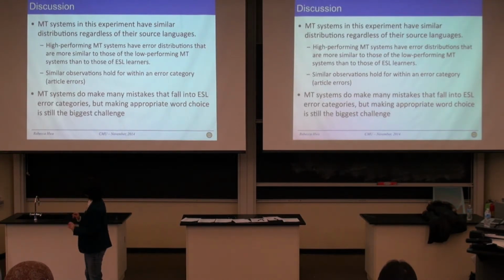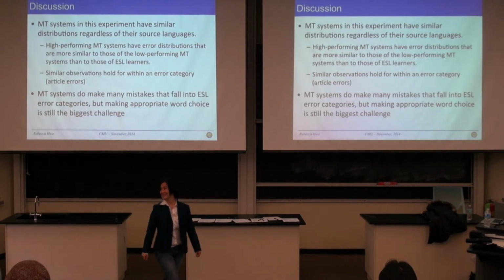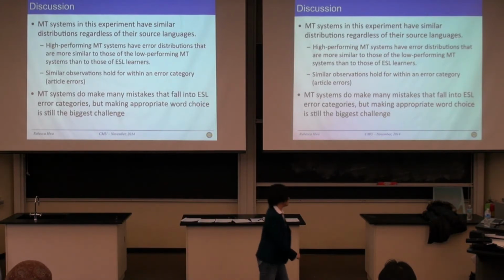Because after this exercise, what I've convinced myself is that people actually do learn very differently. So I think it might help us see a bigger difference between MT systems, but I might not be able to see that the high performing one is somewhat closer to the ESL learner. Okay. I think that's kind of the differentiation. So we would be very happy, of course, to help you do that. Yeah, great.